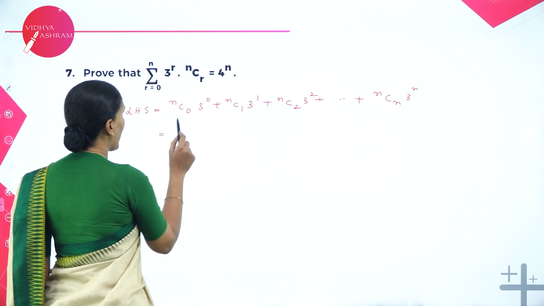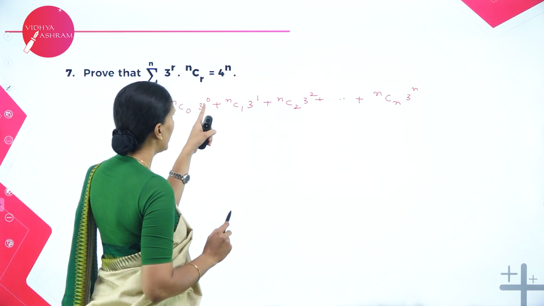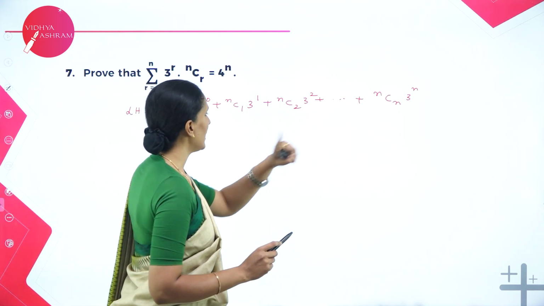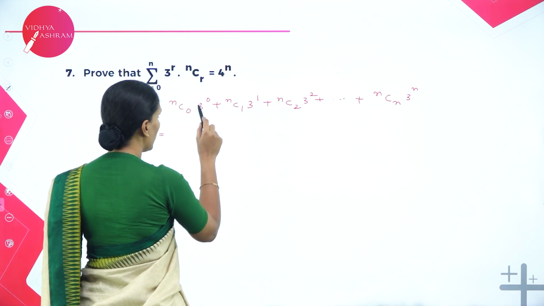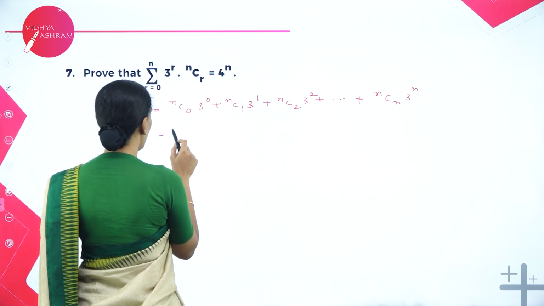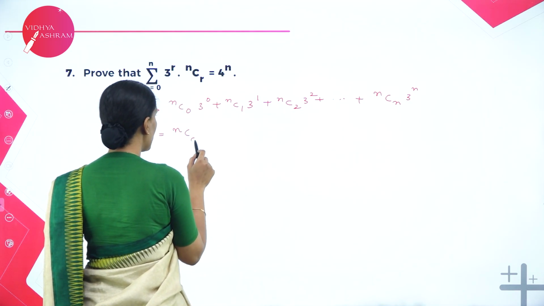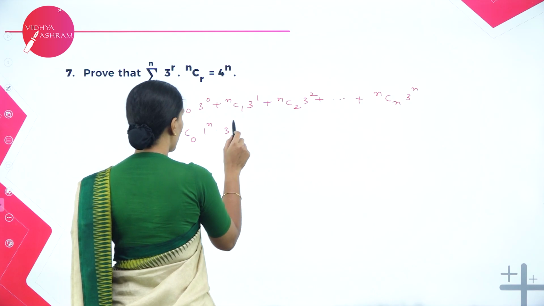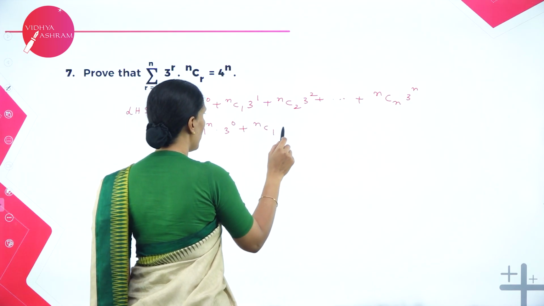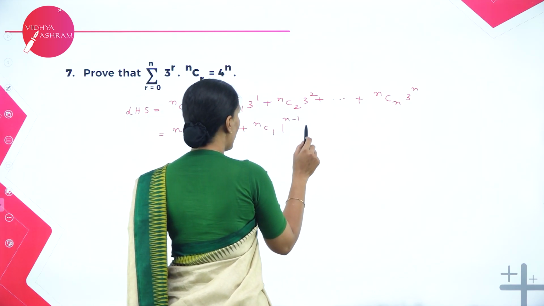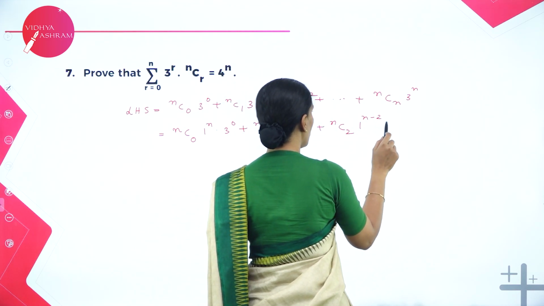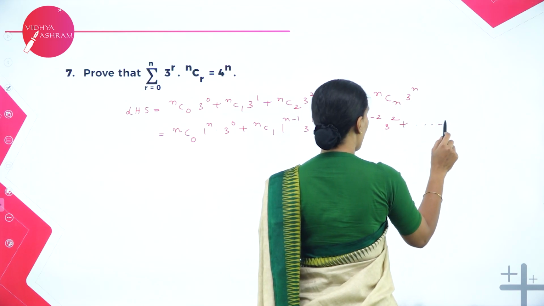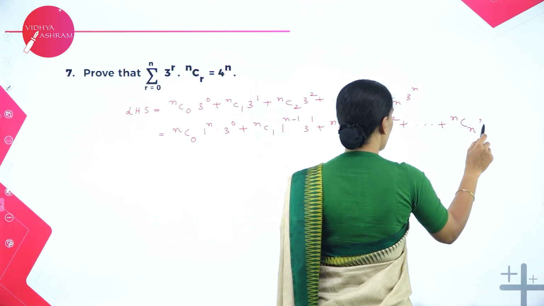Now using the binomial theorem, we can see the power of 3 is increasing. So let us consider an element a here where the value is 1. So if we consider this expansion as nC0 1 power n into 3 power 0, nC1 1 power n minus 1 3 power 1, nC2 1 power n minus 2 3 square, and the last term nCn 3 power n.